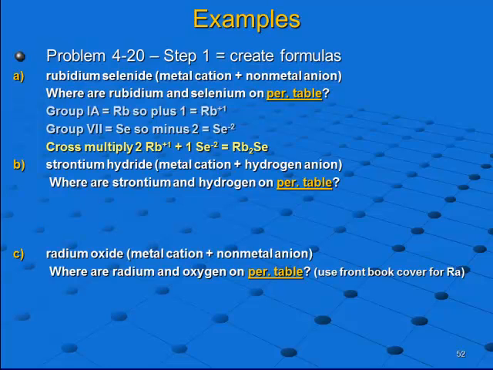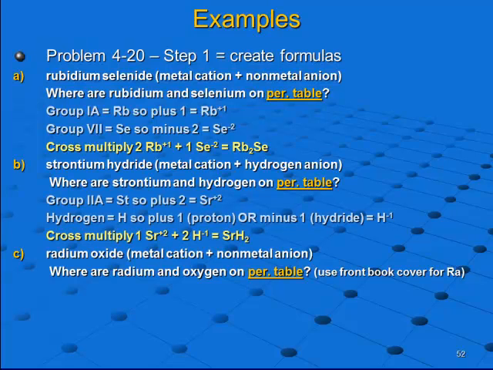But when we have strontium hydride, strontium's a metal, that's going to make the hydrogen a negatively charged species, with a charge of -1. You find strontium on the periodic table, you see it's in group 2A, it has to have a charge of +2. Hydrogen is a -1 when it's with a metal, so it is a formula of SrH2. We don't specify the ratio in the name because we know the charge on strontium, we know the charge on hydrogen, and they can only exist in a ratio where the charges neutralize or cancel each other.